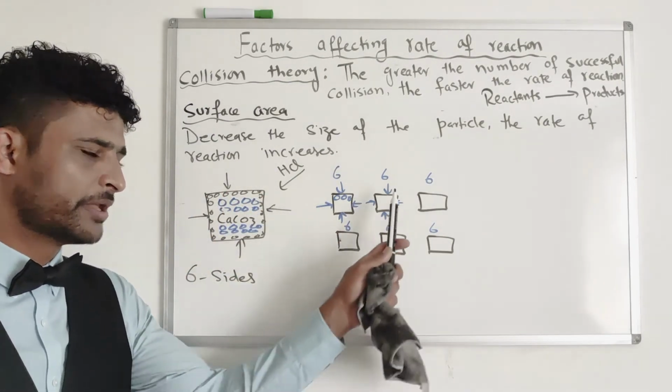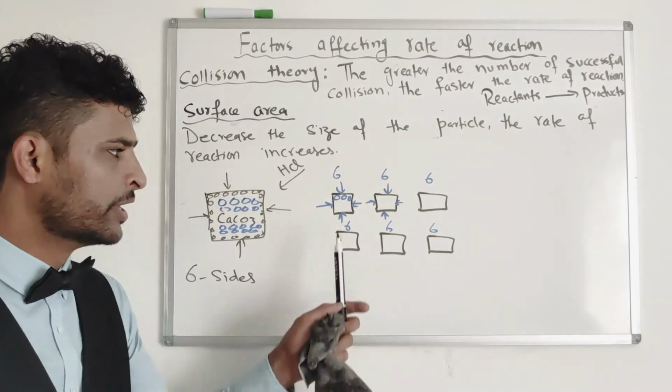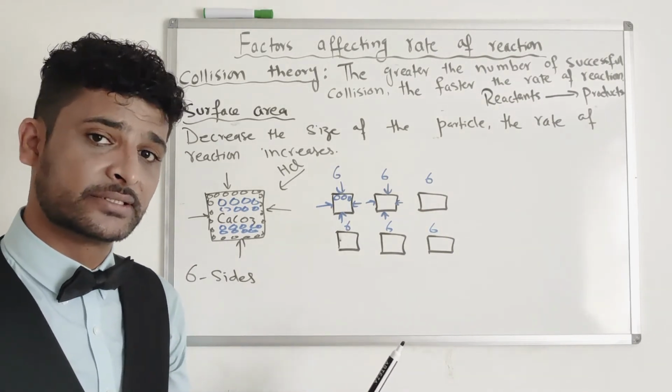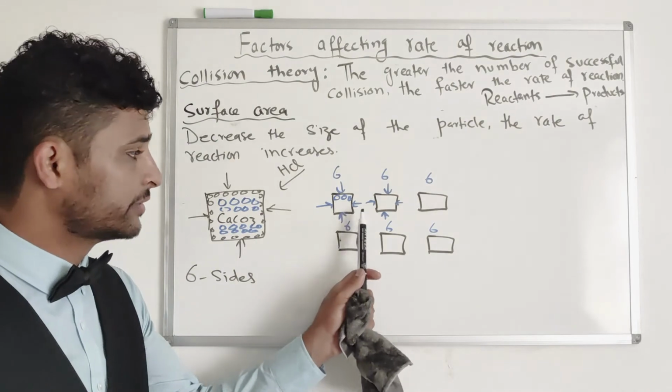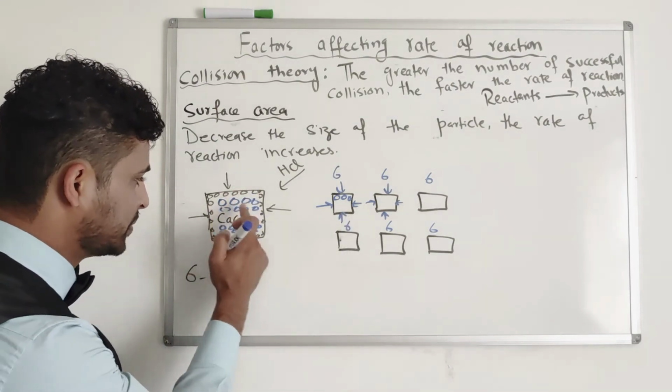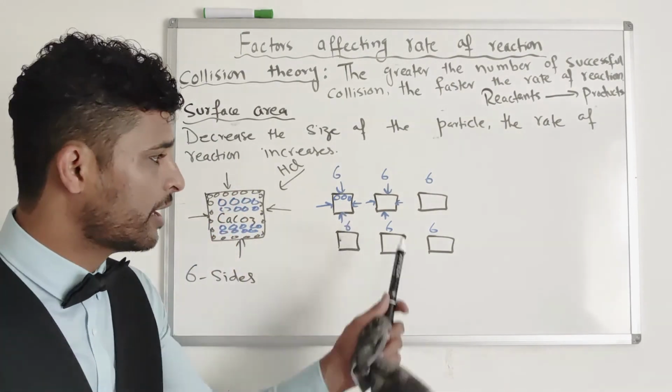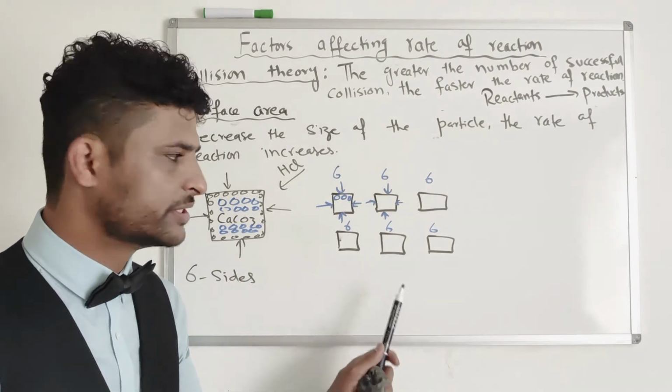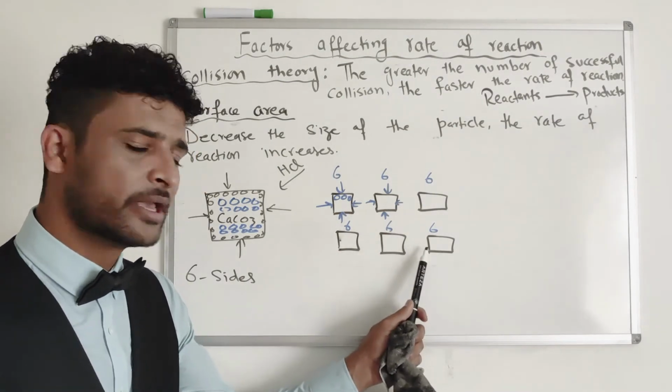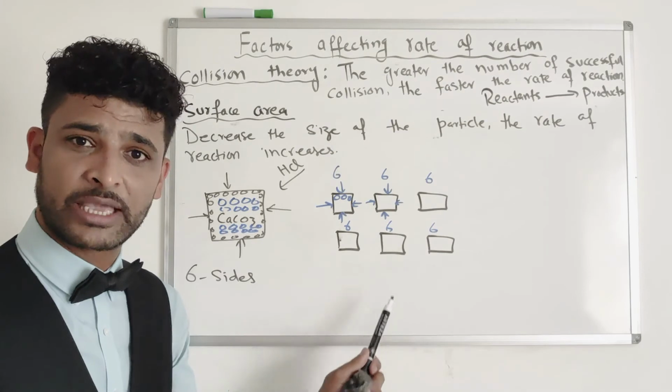After breaking them down into small pieces, the surface area increases, because you can see that the air between the particles was not exposed before. After converting into small pieces, now more sides are available for the chemical reaction.